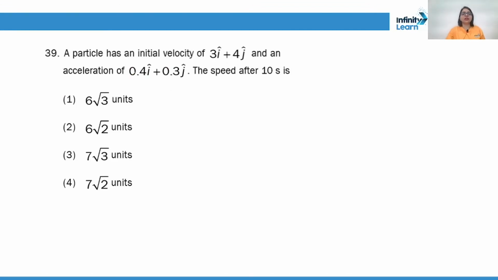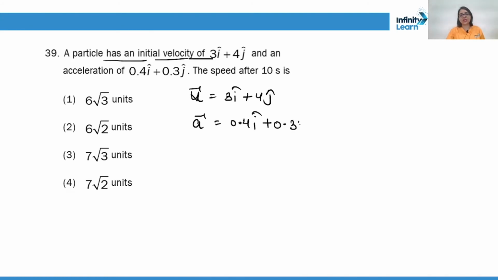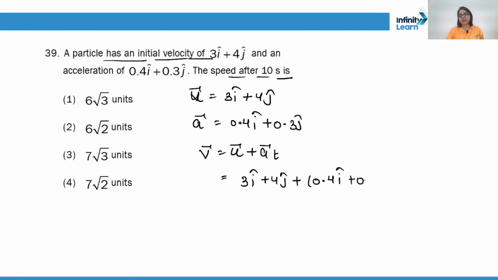Question number 39. A particle has an initial velocity u vector as 3 i cap plus 4 j cap and acceleration vector as 0.4 i cap plus 0.3 j cap. The speed after 10 seconds is. So v vector will be u vector plus a vector into t. So it is 3 i cap plus 4 j cap plus 0.4 i cap plus 0.3 j cap into t, which is 10.